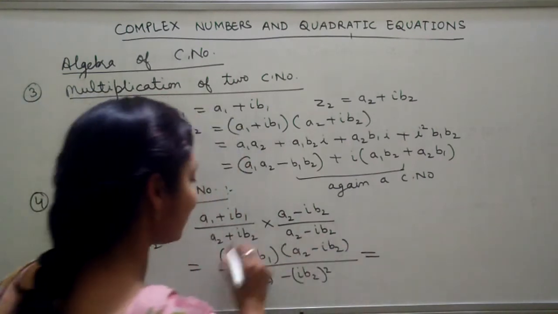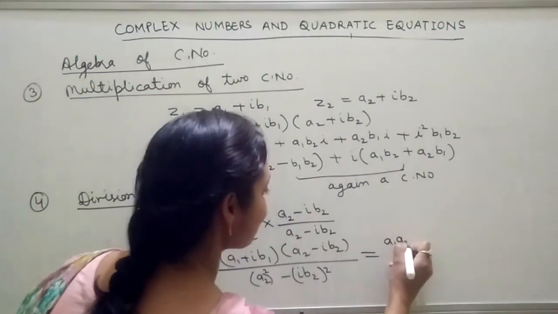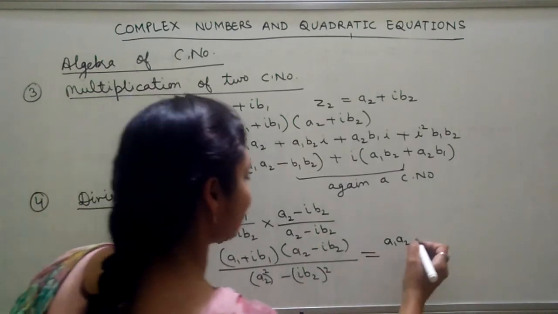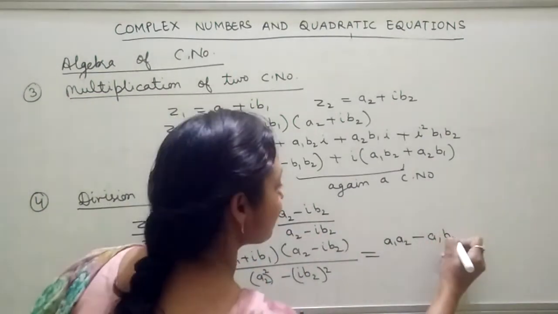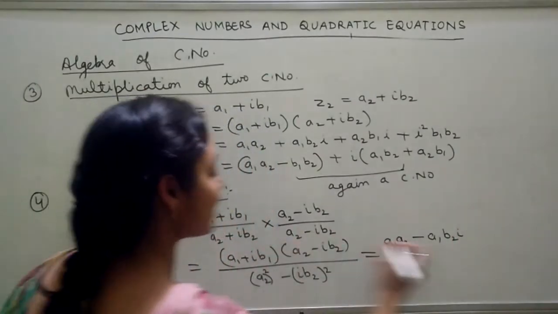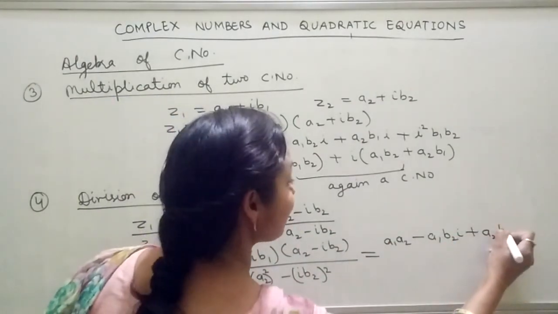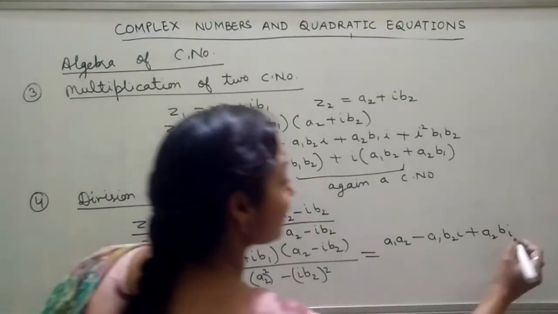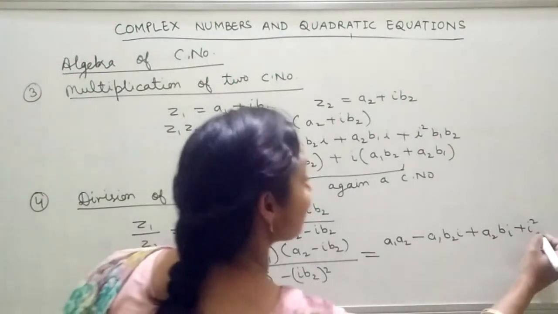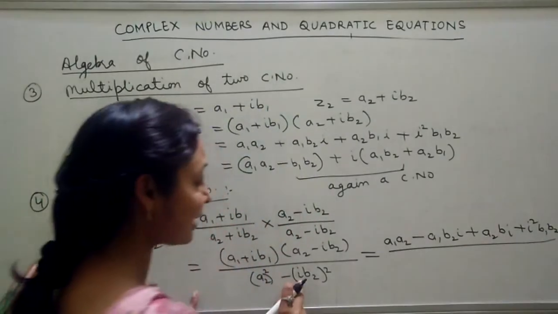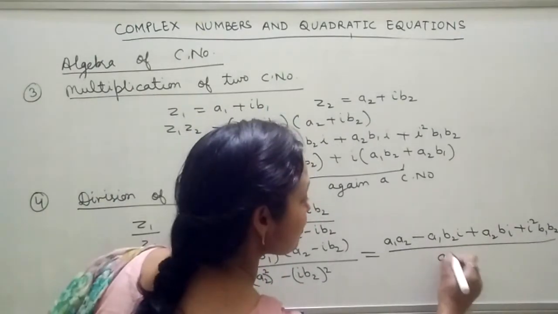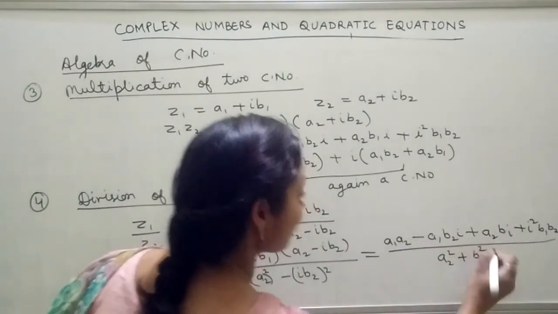When you multiply, you get a1 a2, minus a1 b2 iota, plus a2 b1 iota, then plus iota square b1 b2. In the denominator we have iota square, that is negative, so a2 square plus b2 square.